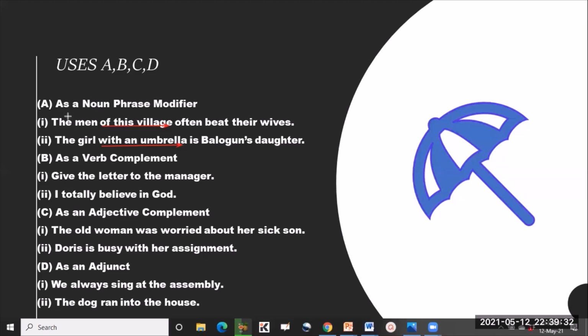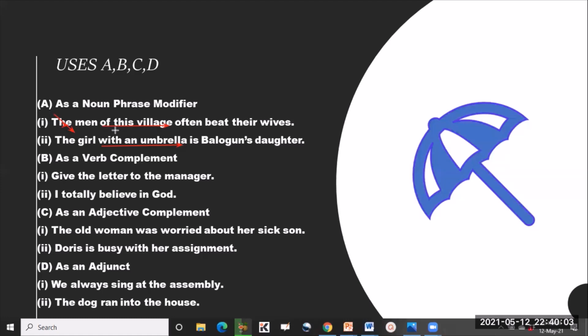Because here you can see that the men of the city is a noun phrase, and within this noun phrase, we have this prepositional phrase modifying the head word, the men.